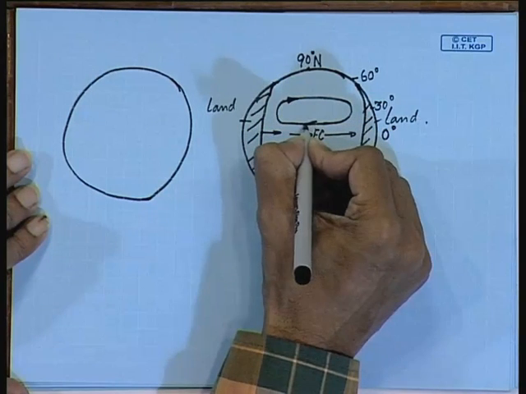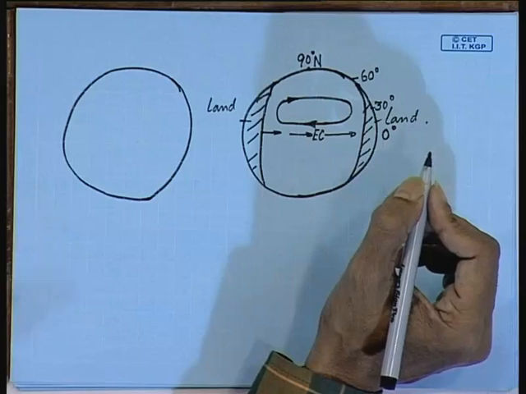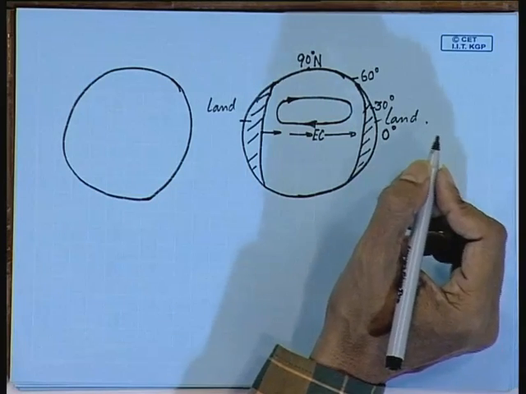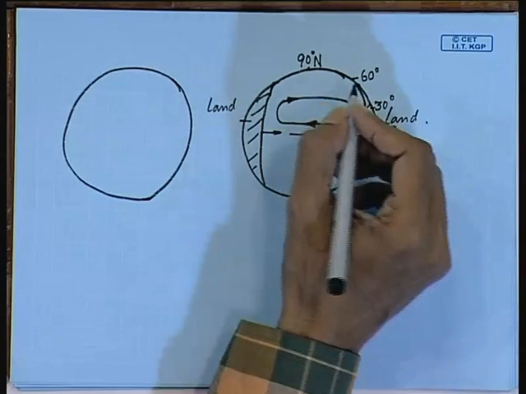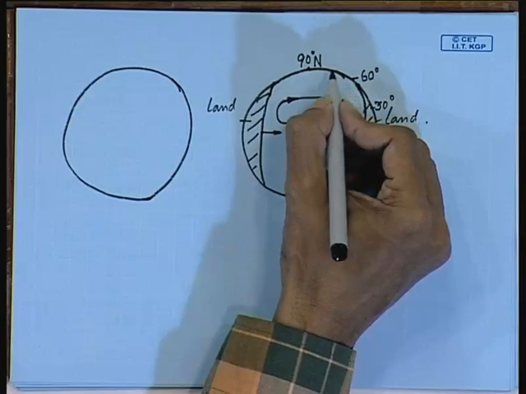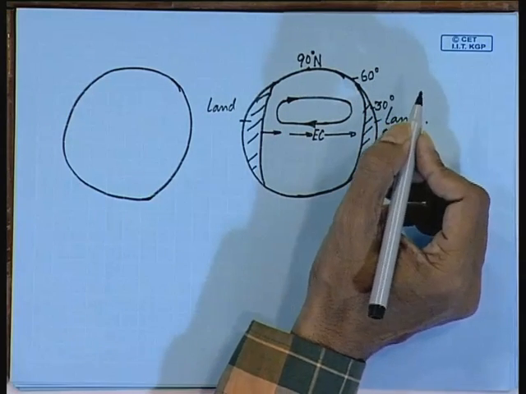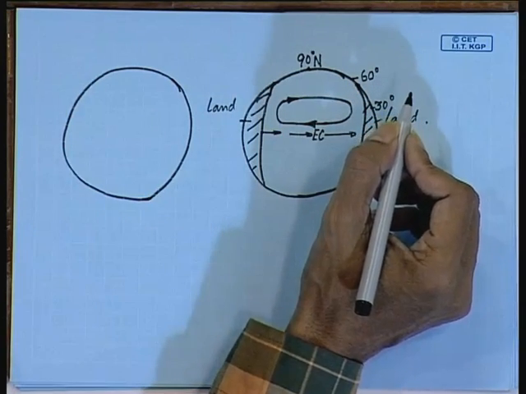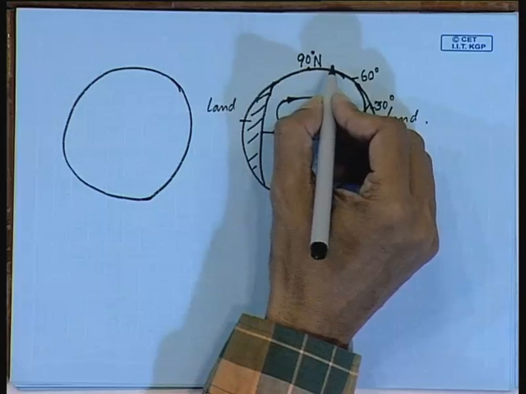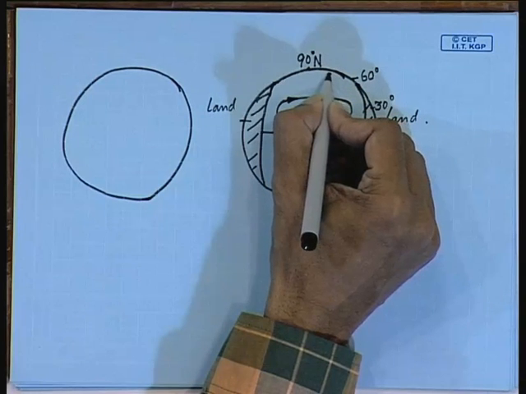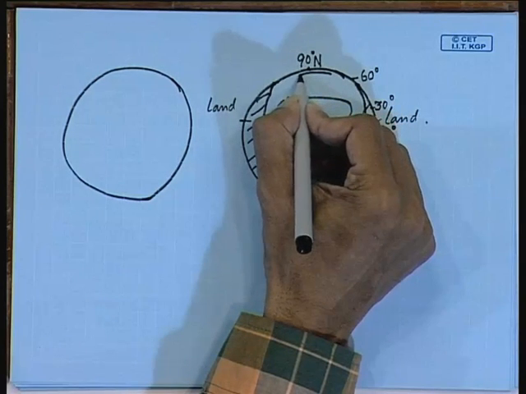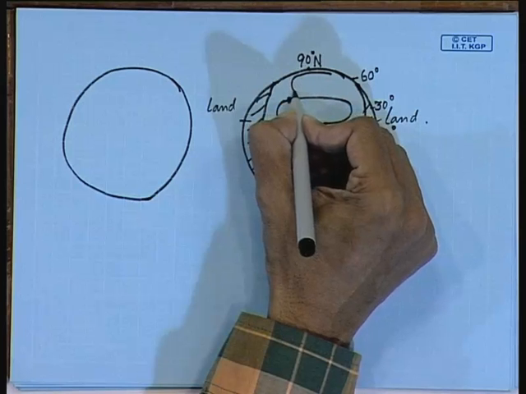So, direction is clockwise, and why it is clockwise I will tell you. And on top of this you have, as has been said, around 50° north another current gyre, but this direction is opposite to the one which I have drawn.